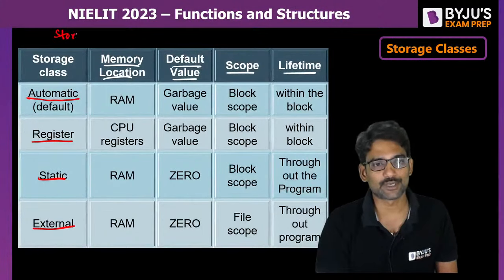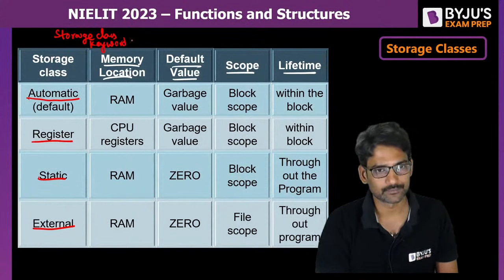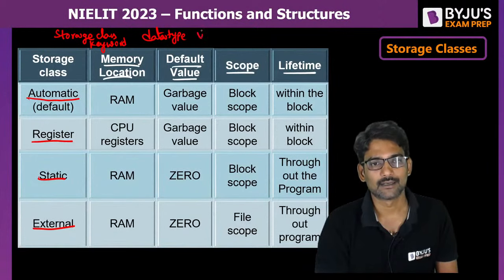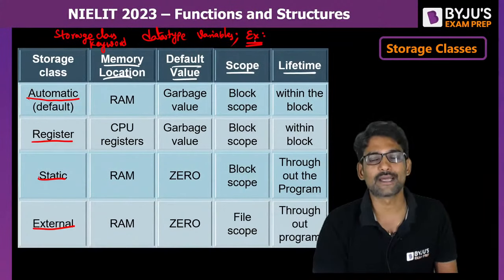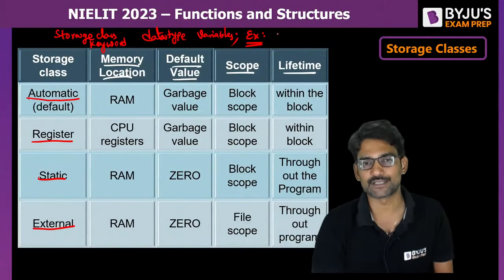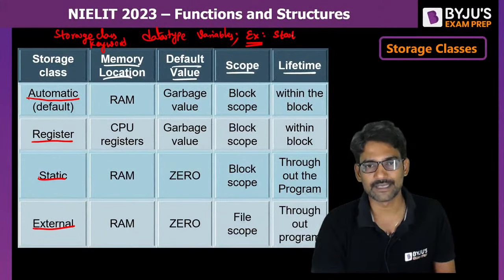How do we apply a storage class? For every storage class there is a keyword. So we use that storage class keyword, data type of the variable, name of the variable. Example, if I would like to apply static storage class, I write simply static int x.